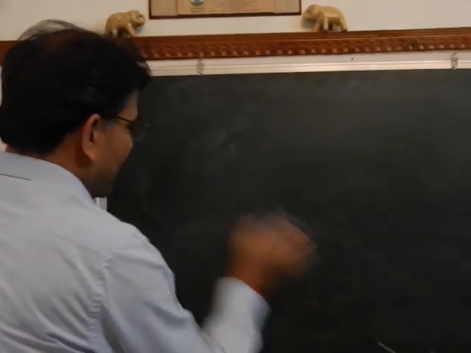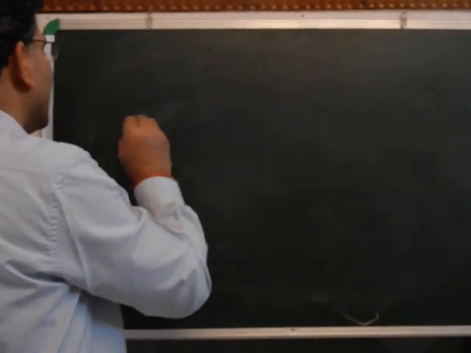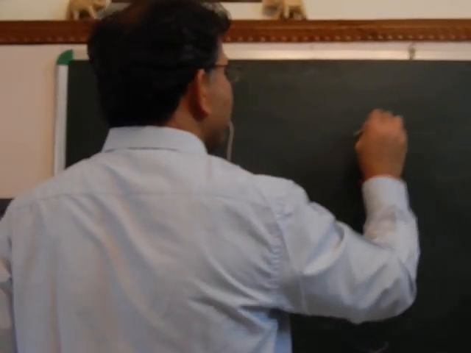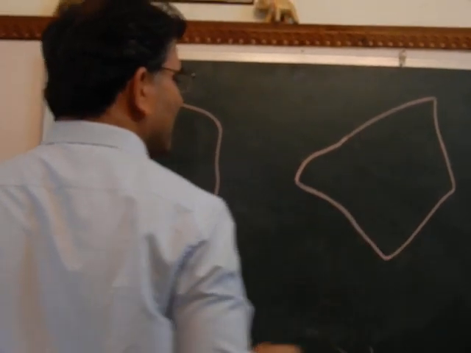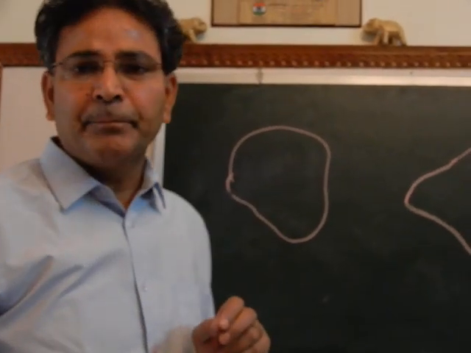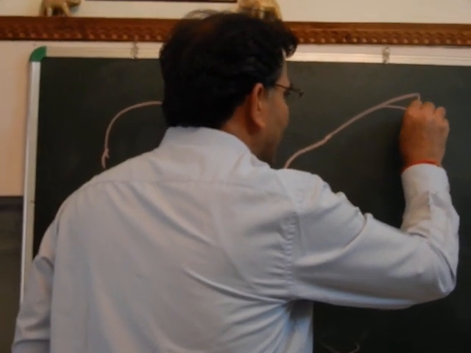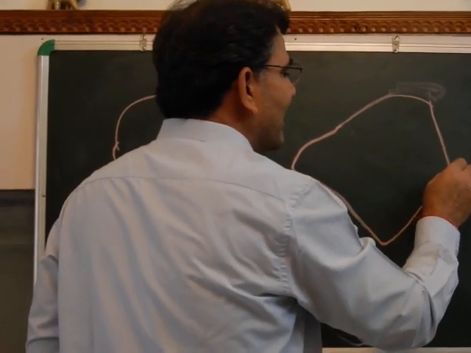Then roundness is another property of a sediment which indicates the removal of the angularity of the corners. This is angular.